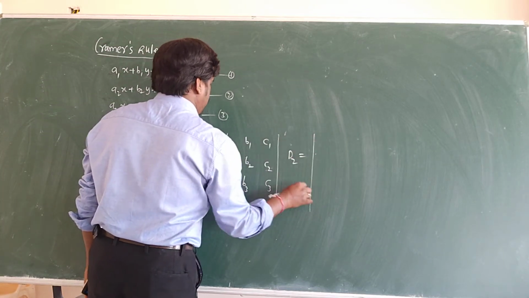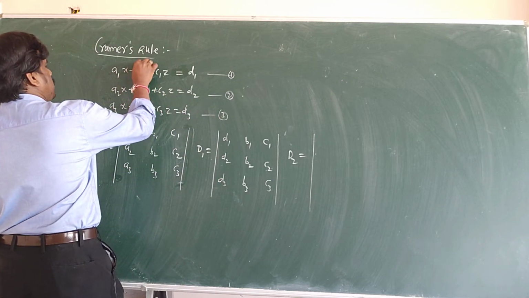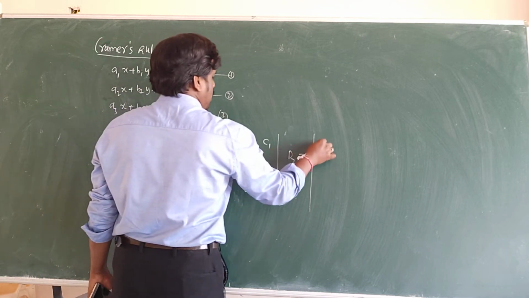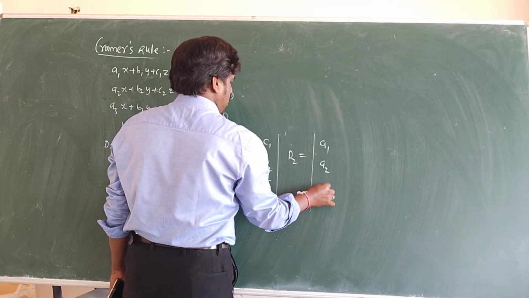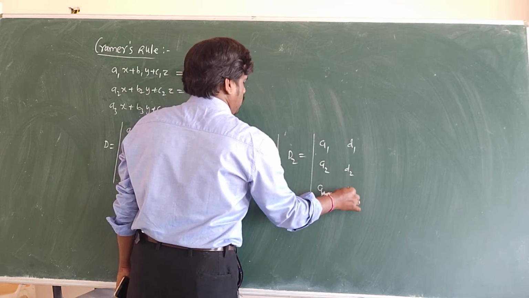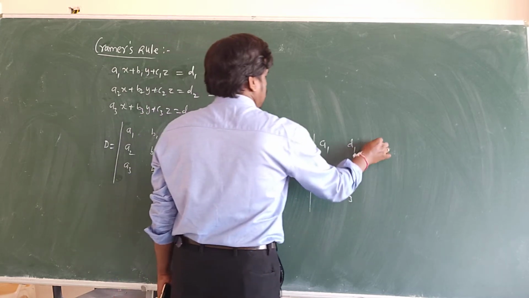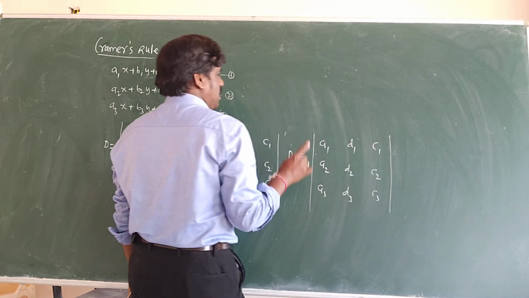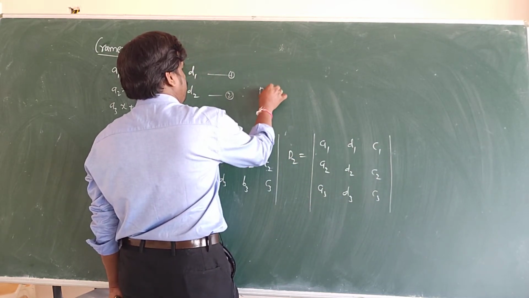The D2 determinant will be, we replace the b1, b2, b3 place with d1, d2, d3. So what do I get here? a1, a2, a3 and then I get d1, d2, d3, then c1, c2, c3. This is what I get for D2. Last one, that is D3, we have to write.